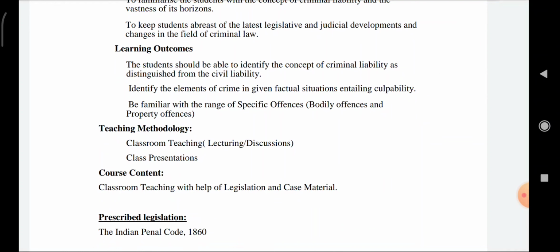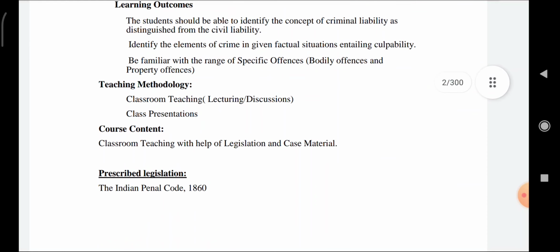Teaching method is for the faculty: classroom teaching, lecture, discussion, class presentation. Course content: classroom teaching with the help of legislation and case material.